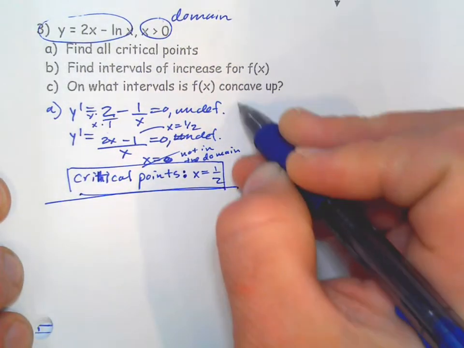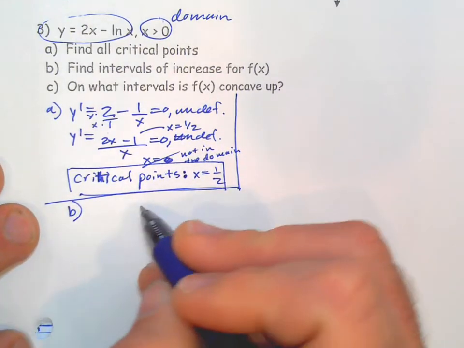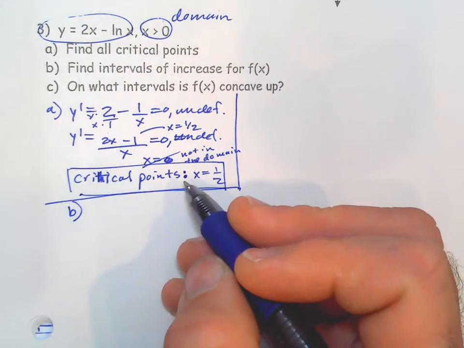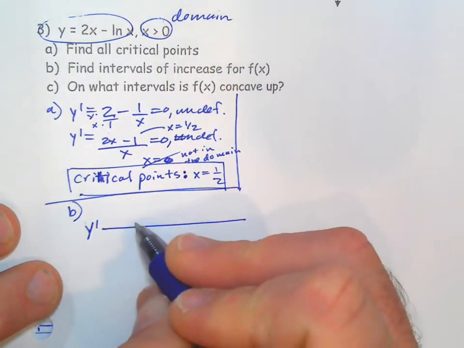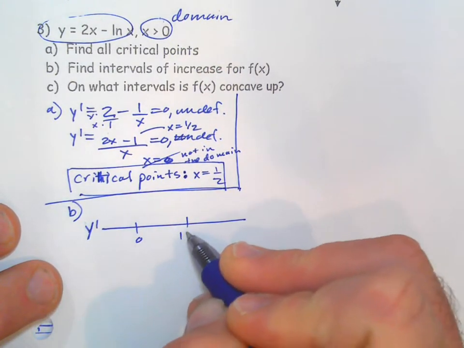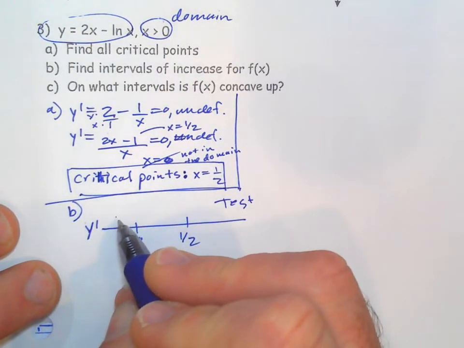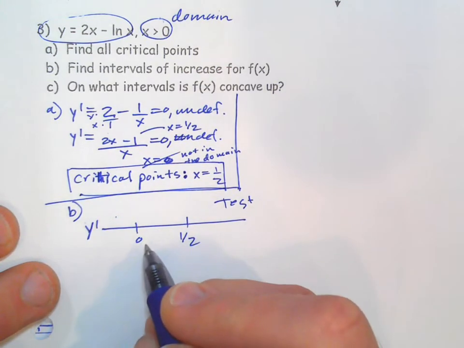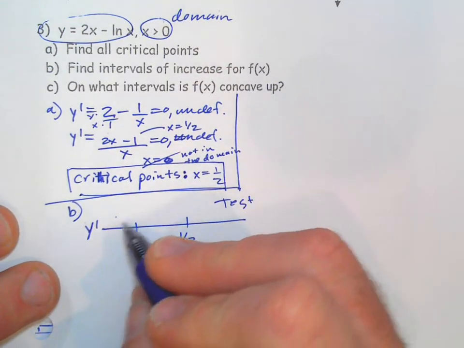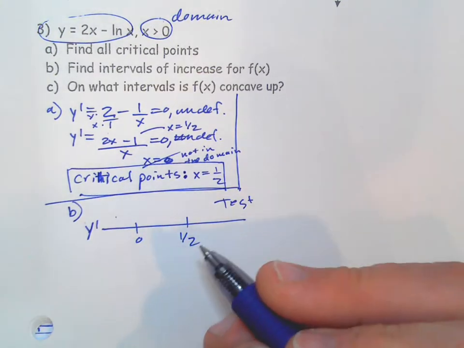Okay. B, where is it increasing? We have our critical points, so I'm going to do a line check. I'm going to put 0 on there because it could still have an effect. If I tested the value over here, it would give us the right answers as long as I had 0 there. If I didn't, it would mess it up. So I'm going to leave any points not in the domain in my line test.